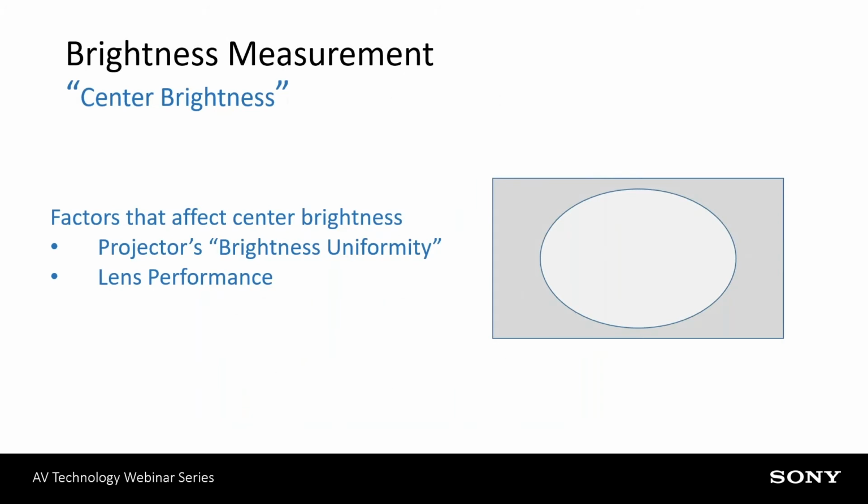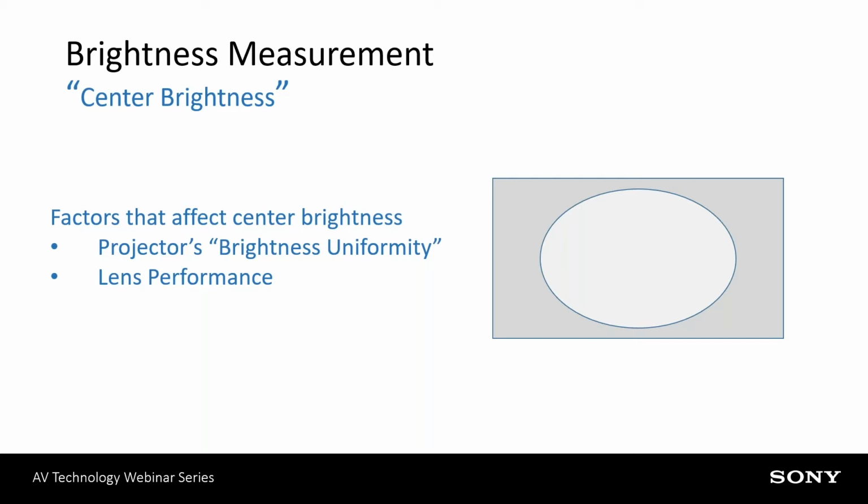Probably more recently, there's been a move to, you'll see a spec called center brightness. Center brightness basically measures the light at the center of the image. Brightness across the breadth of the image will change somewhat based on the imager technology, the projector, the lens, and a lot of things.